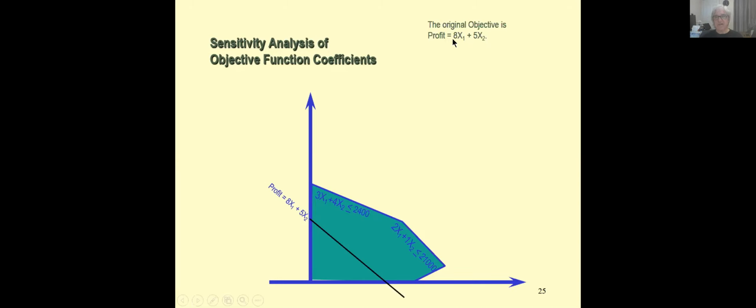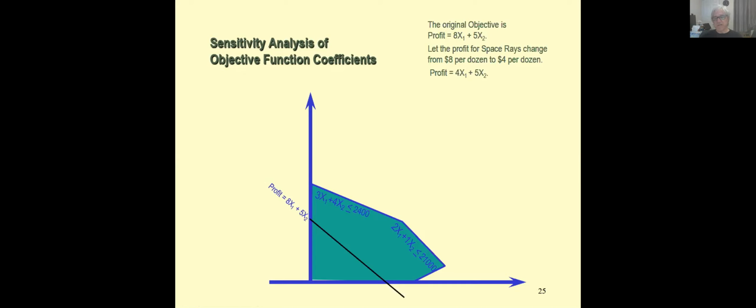They say, we are afraid the profit of space rays is going to drop by 50%, and it's going to be 4. So the new objective function you have to work with is 4x1 plus 5x2. You see, the 5 doesn't change, only one parameter is changing.